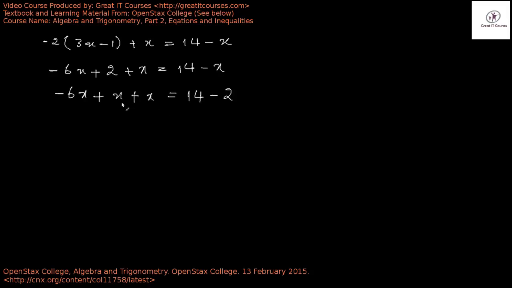Of course, let me tell you something about the other method that we talked about earlier. I do use that method as well, but whenever I need to. For example, this equation right here is simple. I can simply take things around. I can say, okay, this is minus 6x, this is plus x, and this x comes over here, becomes plus x, and then this is 14, and this goes to the other side, becomes a minus 2.